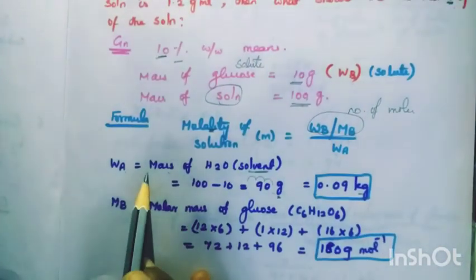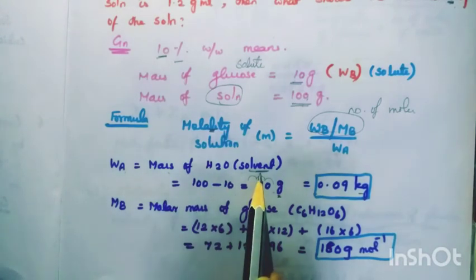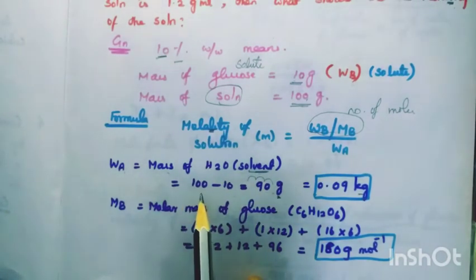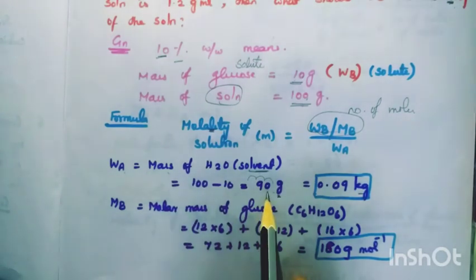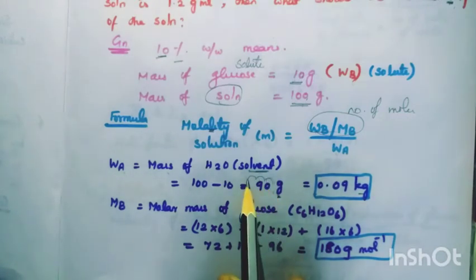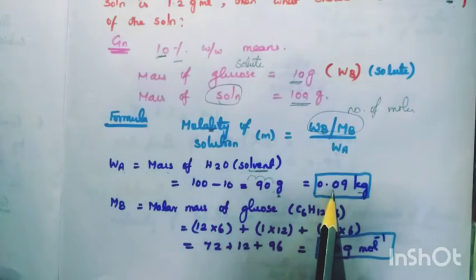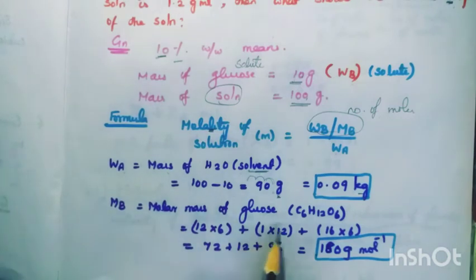So that WA is nothing but the mass of the water, and water is nothing but the solvent. How will you calculate this? Solution minus solute gives the solvent. So 90 gram, in kilogram it is 0.09 kilogram. Next we are going to see the molar mass of glucose.